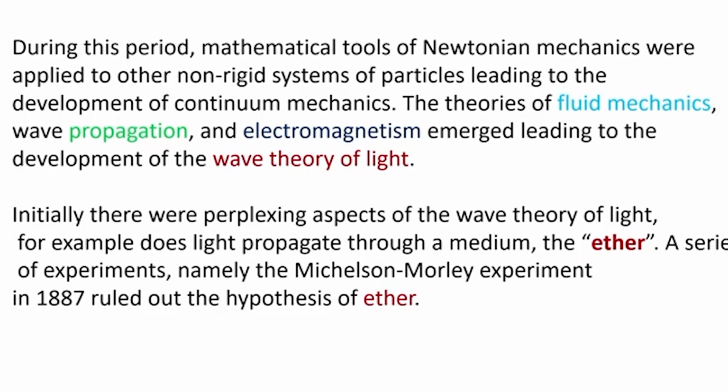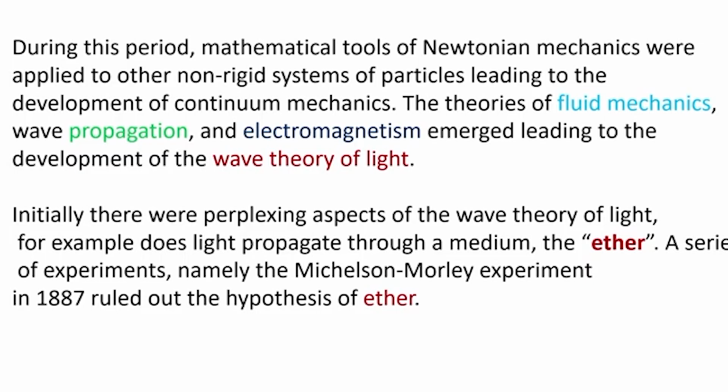Initially, there were perplexing aspects of the wave theory of light. For example, light propagates through a medium, this was called the ether, and then a series of experiments were performed to demonstrate the presence of ether, and it was found to be negative.